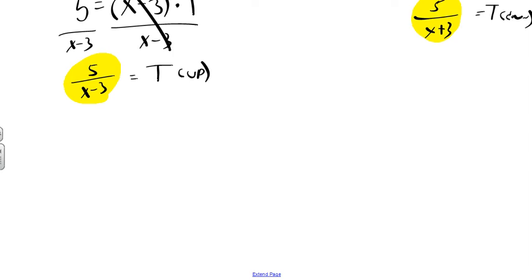So let's do that. Let's take the time going up. Let me get out of highlighter mode. So we're going to do our first time going up, 5 over x minus 3, plus the time going down, 5 over x plus 3. And that equals the total time.